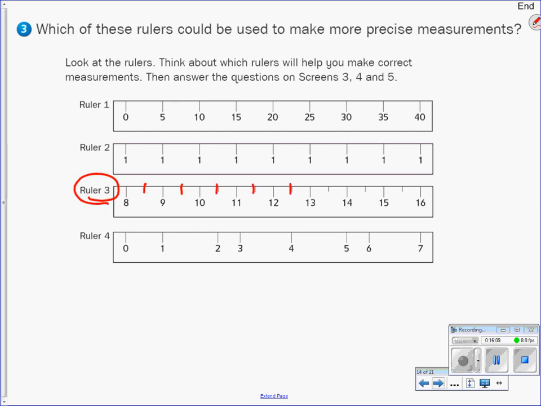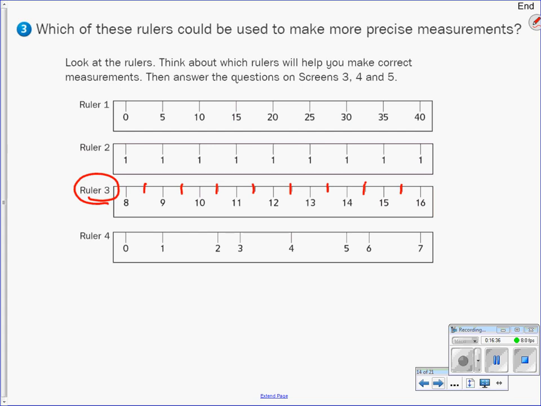If you remember our video, when we got more precise, we went to smaller measurements. We went from 1 inch back to 1/2 to get a little more precise, and then we measured to our 1/4 inch to get us even closer and more precise. So remember, when you want to be more precise, you want to measure to the smallest and closest that you can get.